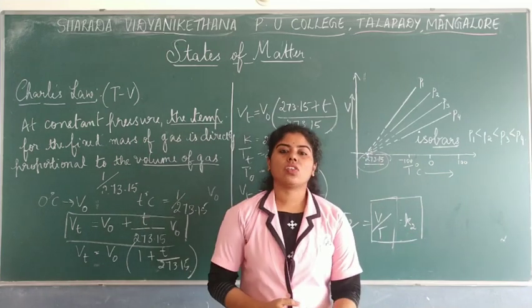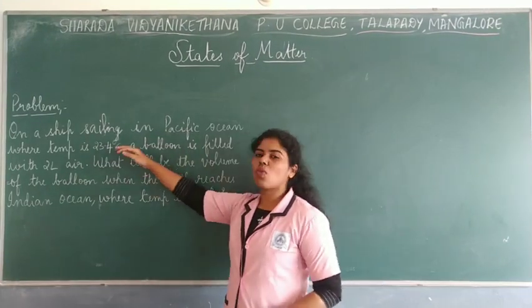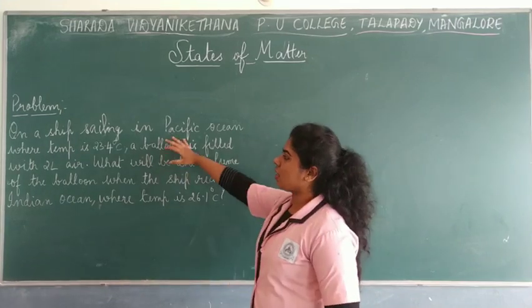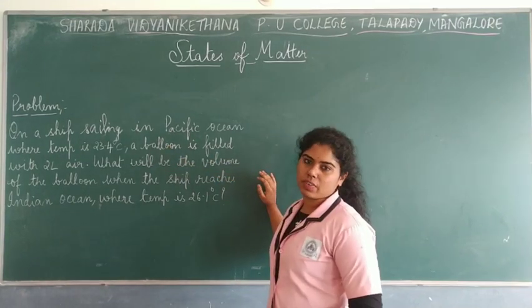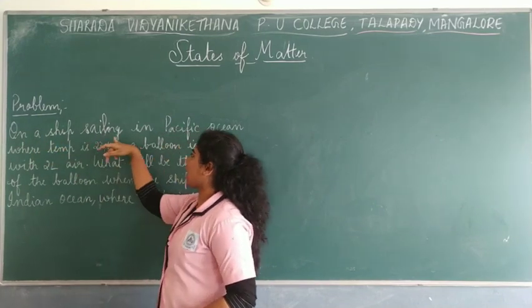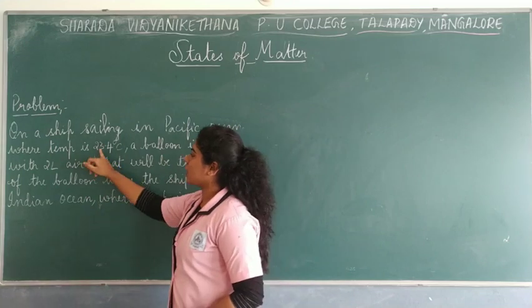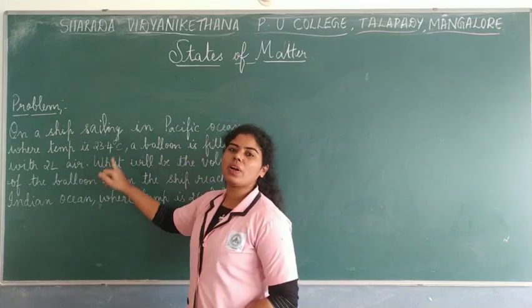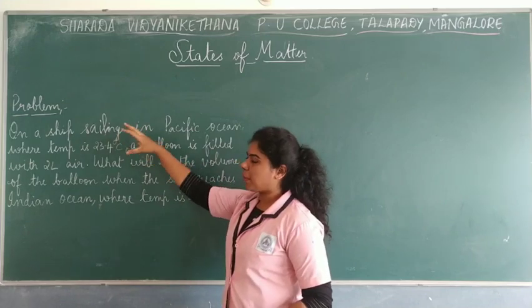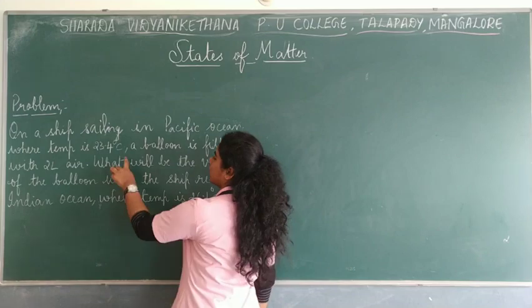So this is about Charles law. Next we move on to one of the problems from Charles law itself. Let's understand the statements first, and then we will move on to the calculation. First, on a ship sailing in the Pacific Ocean, the temperature is 23.4 degrees Celsius.